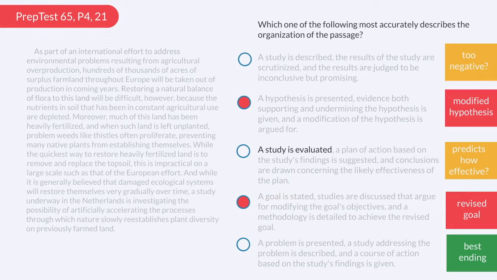Is a study evaluated? No. A study starts happening in the second and third paragraphs, and the author doesn't really evaluate it. The final couple sentences are takeaways, but the passage does not begin by evaluating a study. So C is definitely dead. Does the passage begin by presenting a hypothesis?